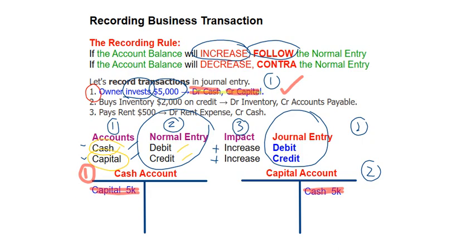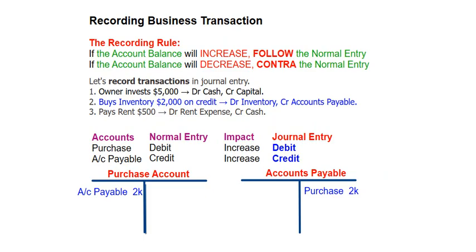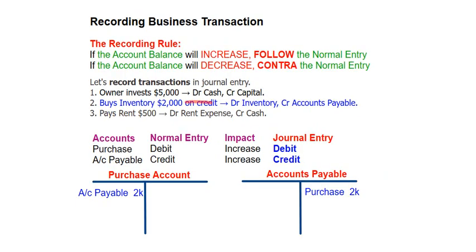Let's look at the second transaction where the business owner buys inventory worth 2,000, but it's on credit. On credit means it's not yet paid, so it's a liability and we need to open accounts payable.